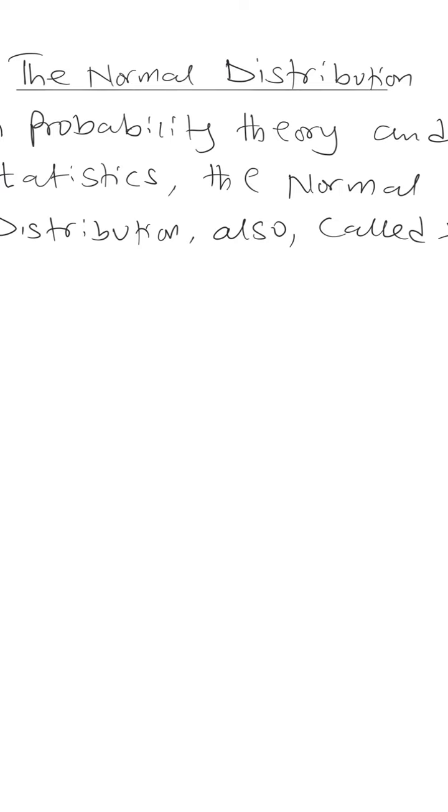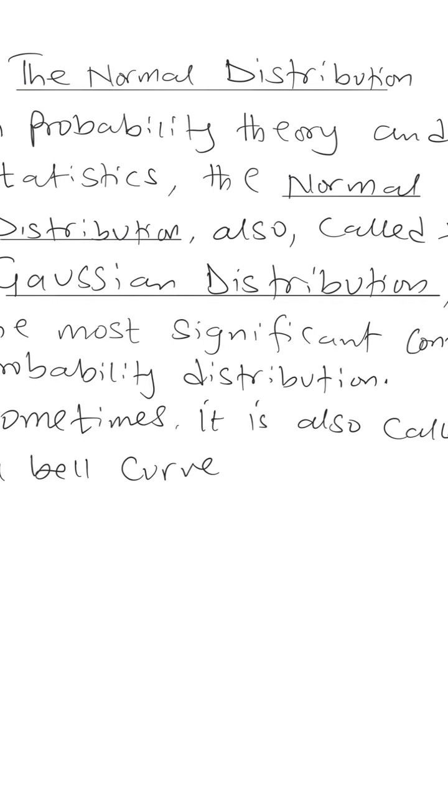Called the Gaussian distribution. Is the most significant continuous probability distribution. Sometimes the normal distribution is called a bell curve.